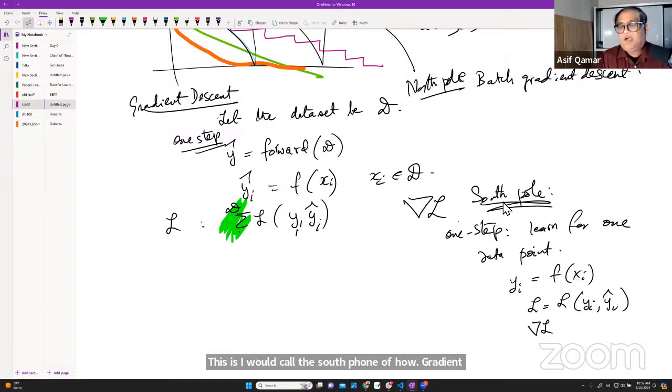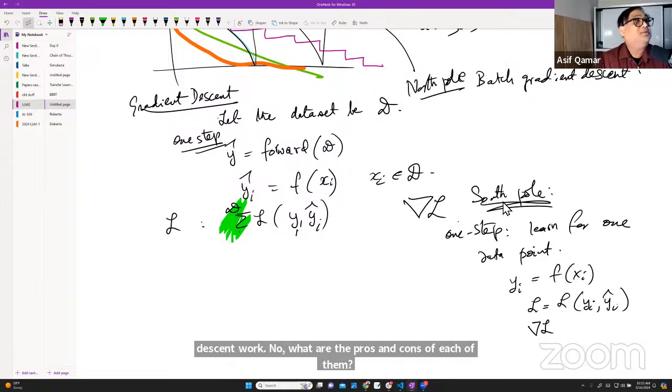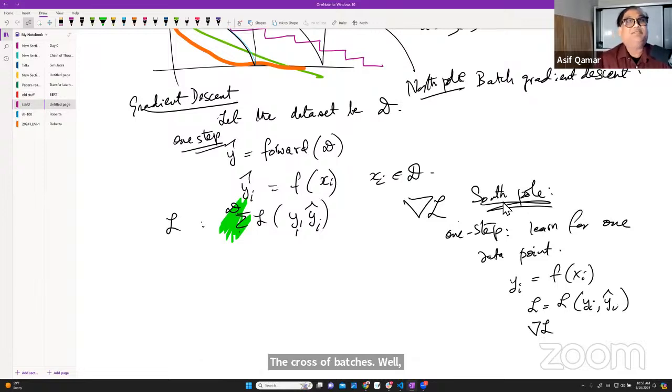Now, what are the pros and cons of each of them? The pro of batches: when you compute your loss and predictions over the entire data set, and compute its gradients, first of all, some of the noise gets suppressed. They will cancel each other out. The law of large numbers comes in, and because of that, your gradient will be much more reflective of where you should really go.